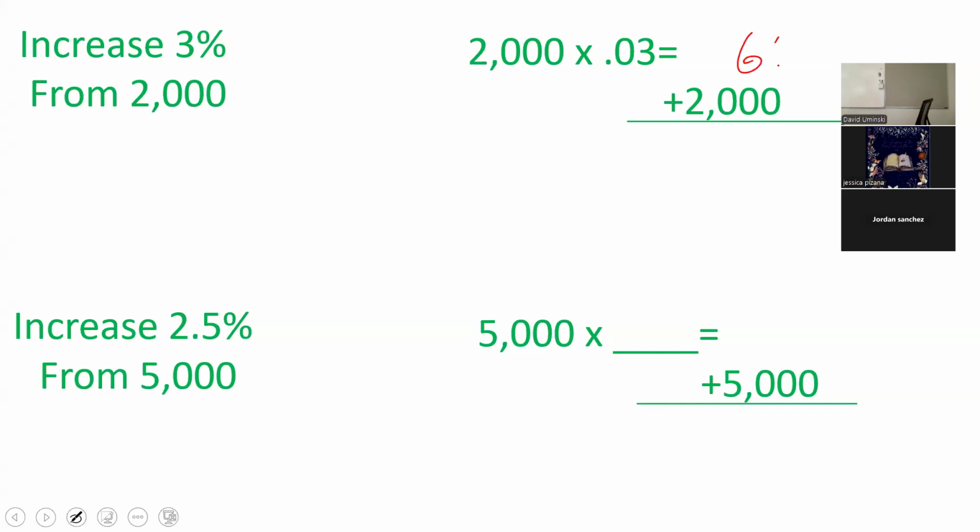Thank you so much. And so that's the first step. The second step is then to add it to the original number of 2000. And so a 3% increase on 2000 is 2060. So that's my new budget number. You guys see how that works?